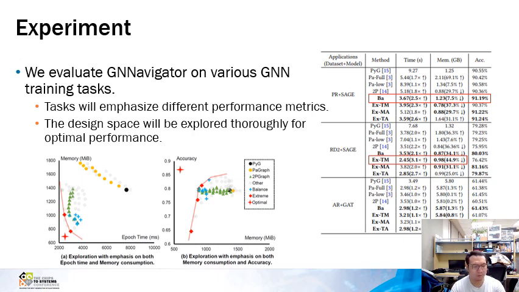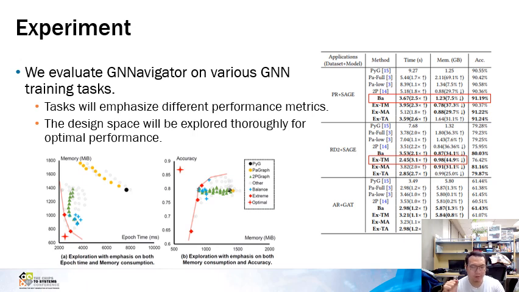As you can see in the chart, in GraphSAGE model training on the OGBN products dataset, our balance mode achieved 2.5 times acceleration, a 7.5% reduction in memory, and a slight accuracy enhancement at the same time.